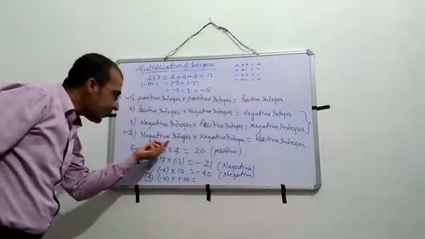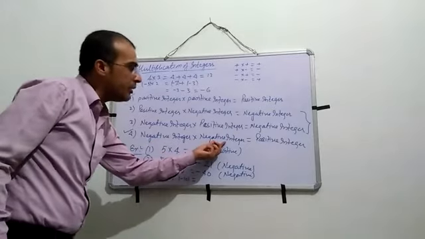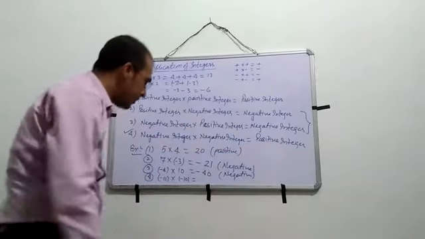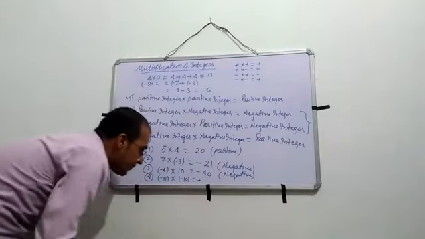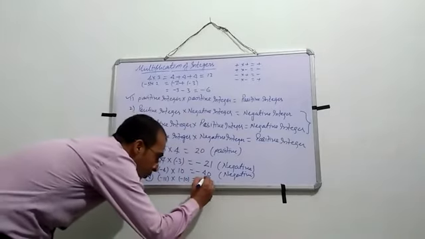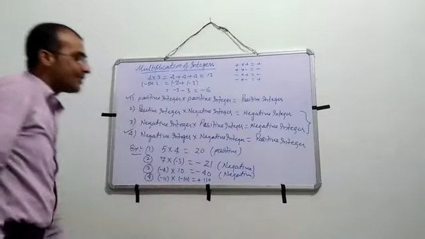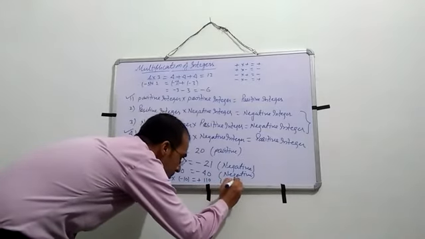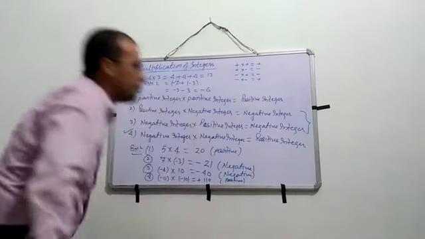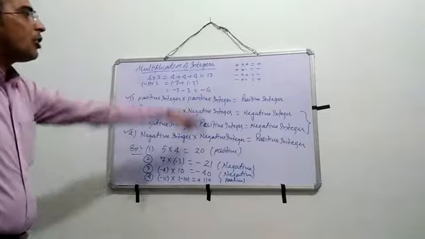It means that a negative integer with a negative integer is always a positive integer. Then minus into minus will be plus, and 11 times 10 is 110. This is the positive integer. This is the multiplication of the integers.